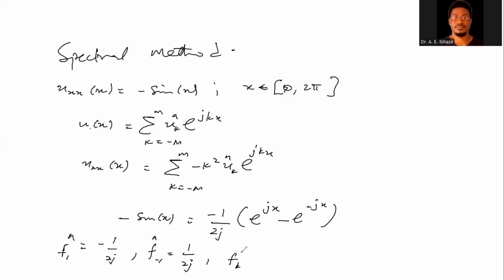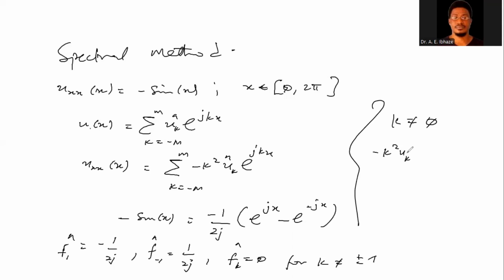And then f sub k hat will be the same as 0 for all k not equal to plus or minus 1. So if we equate the coefficients for each k not equal to 0, then we have minus k squared u sub k hat being the same as f sub k hat.